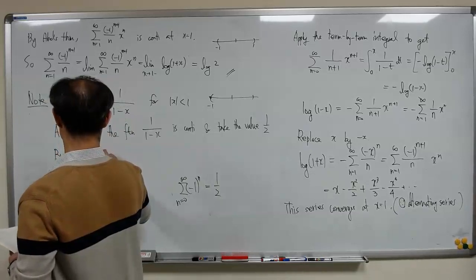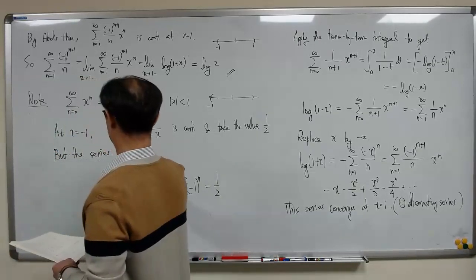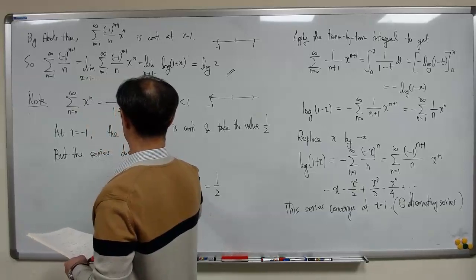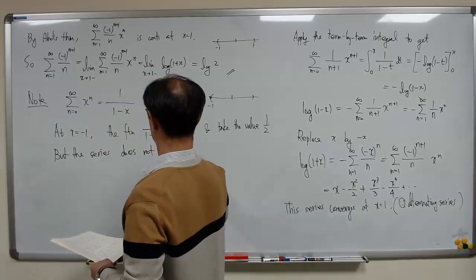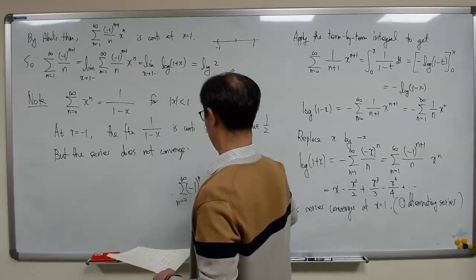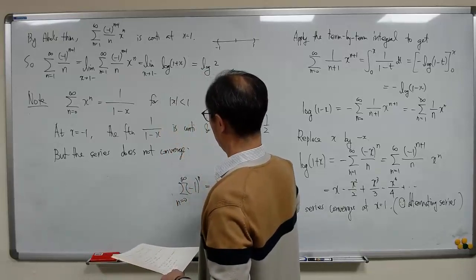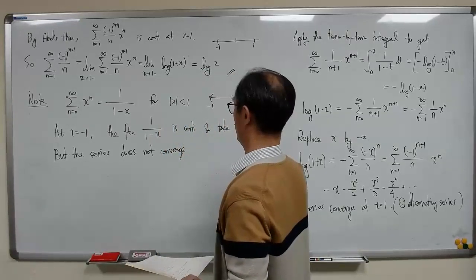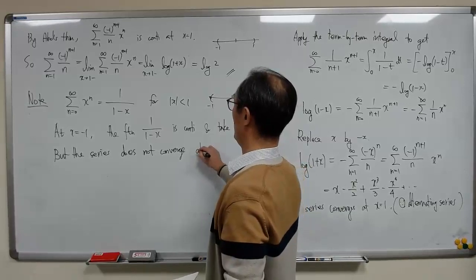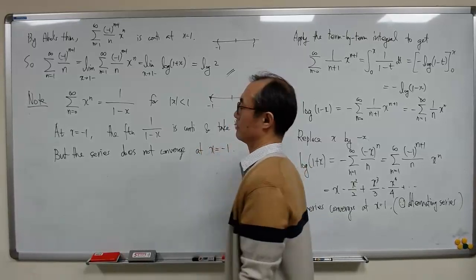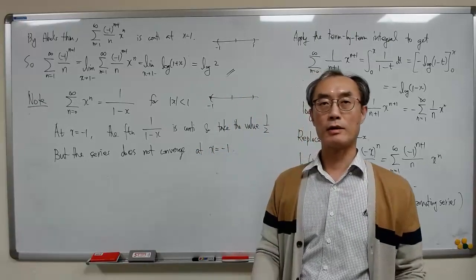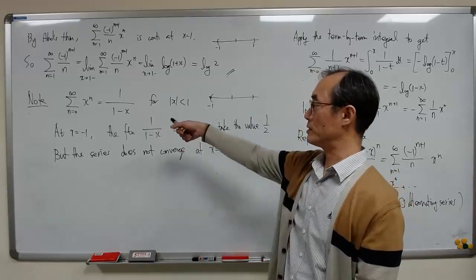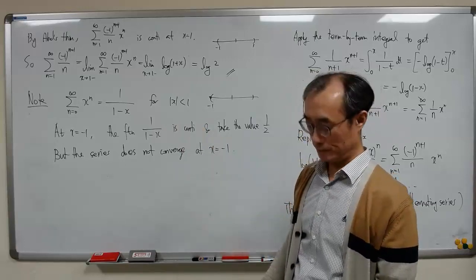The series does not converge. So you cannot apply the Abel theorem to this type of power series.